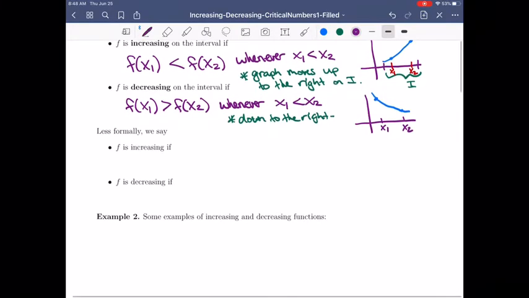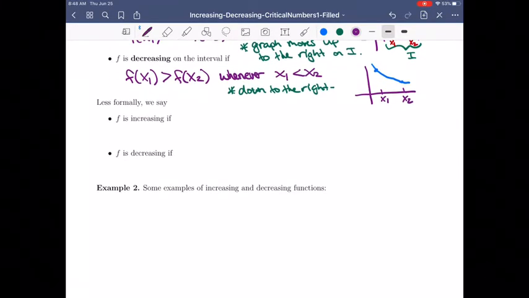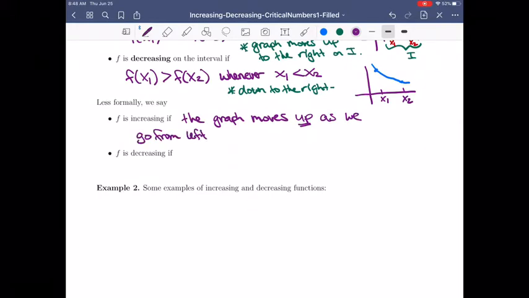Less formally, f is increasing if the graph moves up as we go from left to right over the interval.